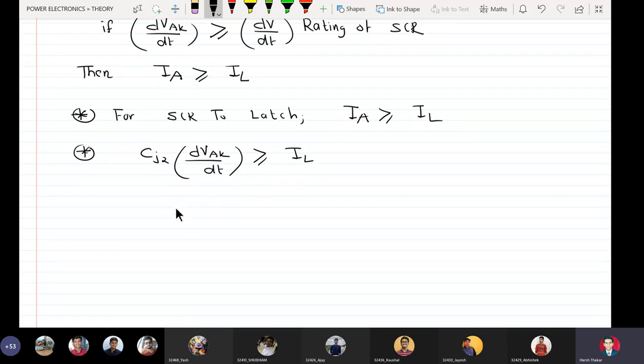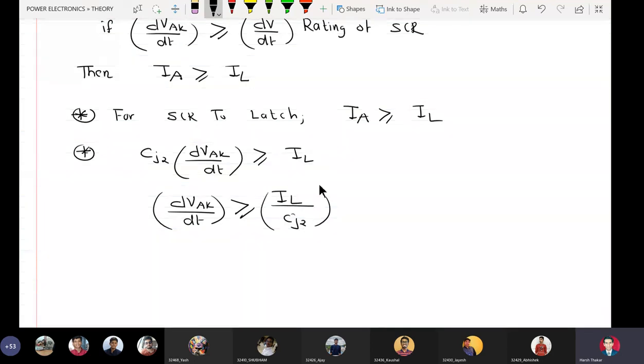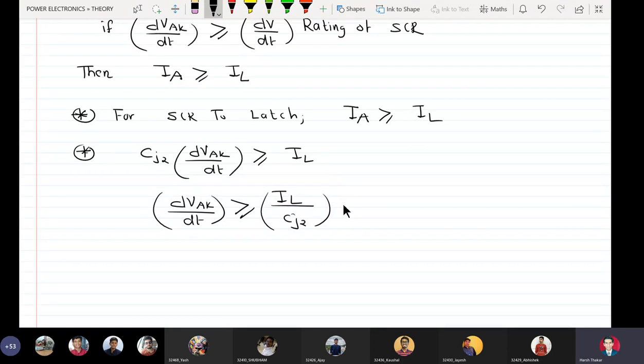So that means dVAK by dt is greater than IL upon CJ2, right? So this IL upon CJ2 is nothing but the dV by dt rating of the SCR.